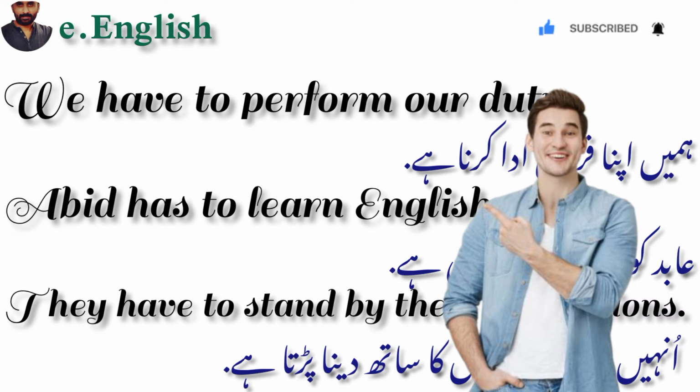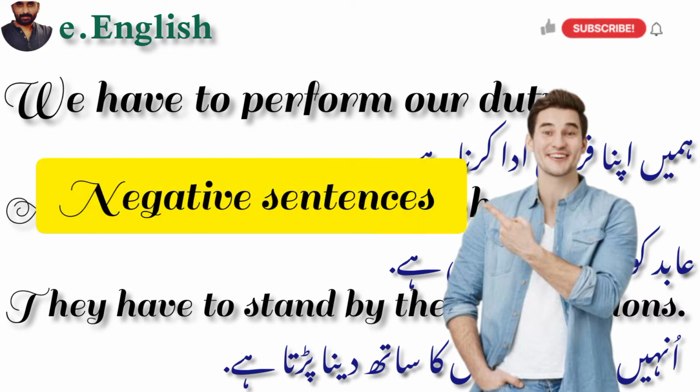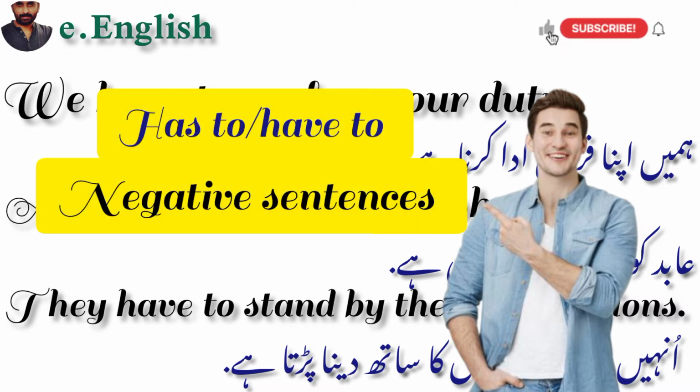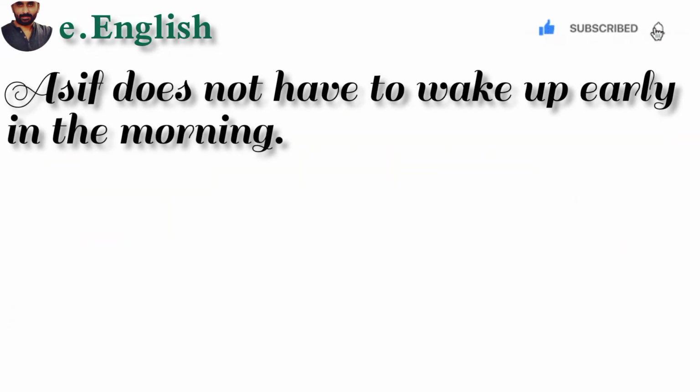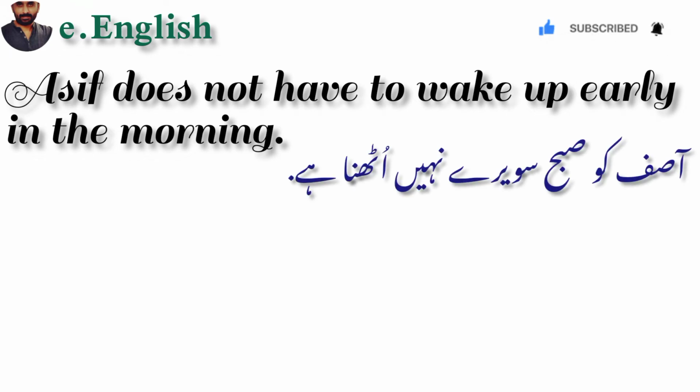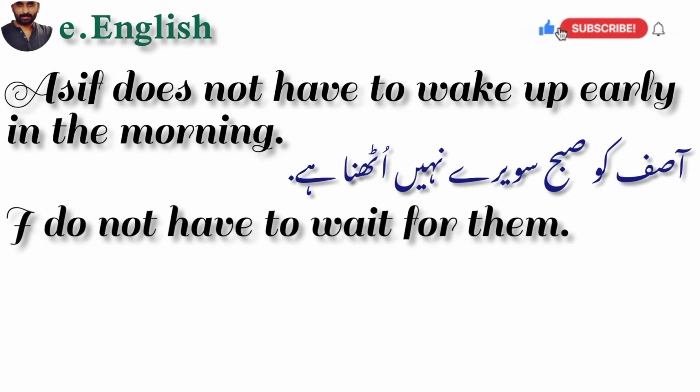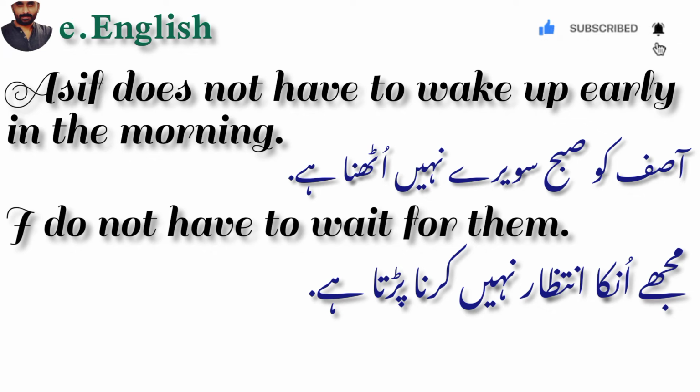Students, let's see how to make negative sentences by using has to or have to. So the first sentence is Asif does not have to wake up early in the morning. आसिफ को सुबह सवेरे नहीं उठना है. The next sentence is I do not have to wait for them. मुझे उनका इंतज़ार नहीं करना पड़ता है.